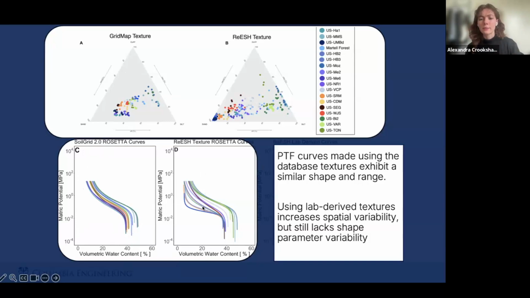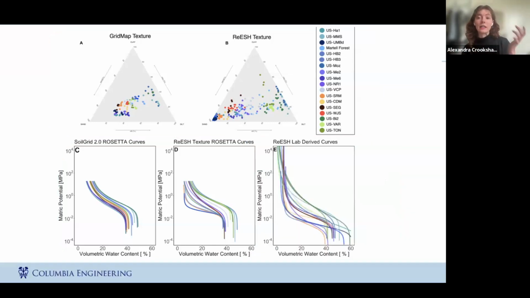It increases that spatial variability. But once again, they're all a very similar shape, all glommed together there, especially when we open it up again and compare to our lab-derived curves, which span the whole range.